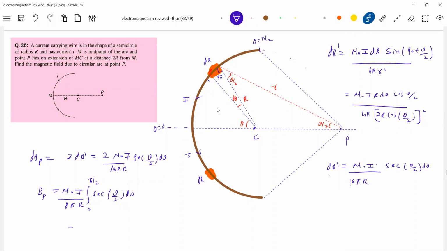I think I'm unable to recollect this formula. Let me help with the formula. Integral of secant theta is log of secant theta plus tan theta. I think one theta we should adjust, no? 2 theta should be adjusted further. So this will become 2 secant theta.